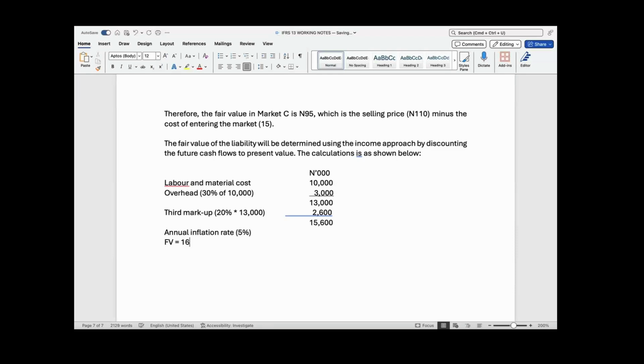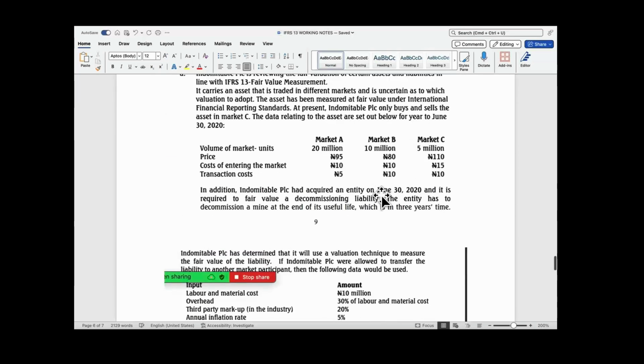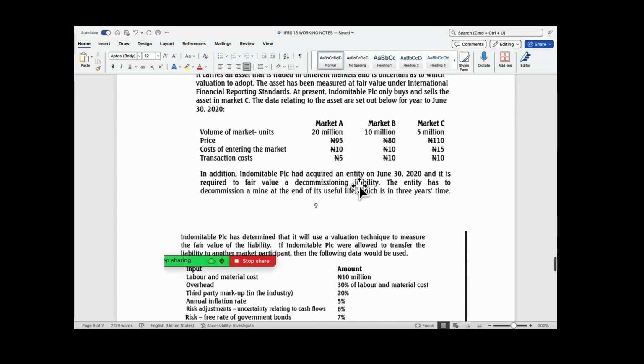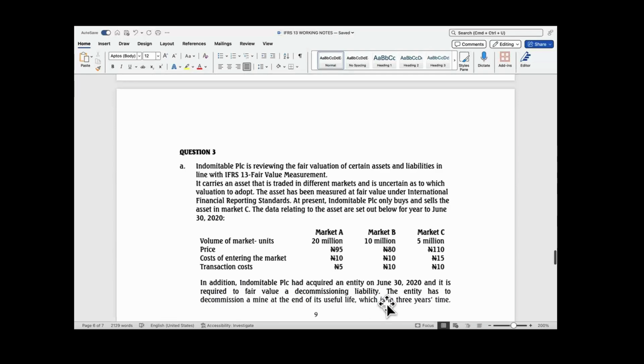It will be 15,600 times 1.05 raised to power what? Raised to power 3, because this project will be done in 3 years' time. If you look up here, the last line, the commissioning will happen in 3 years.